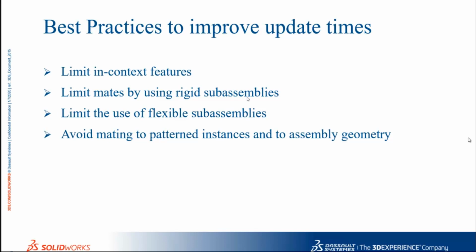You face a lot of performance issues: it takes a lot of time to update, save, or if you are editing something. So these small things you have to keep in mind if you are working in a large assembly.